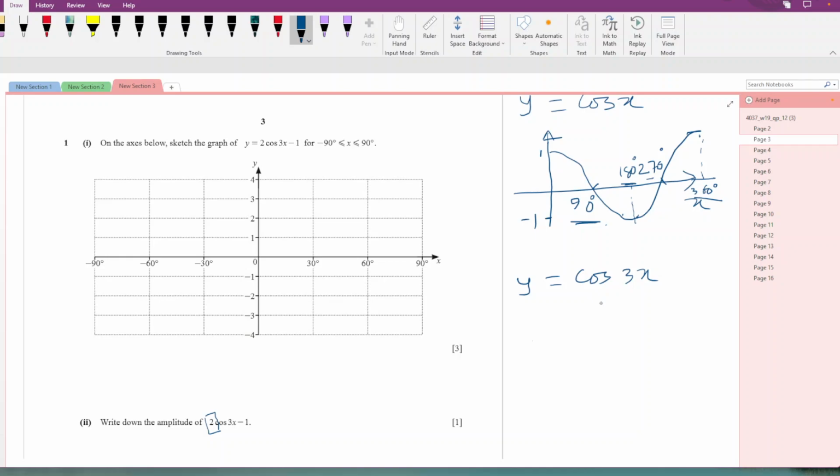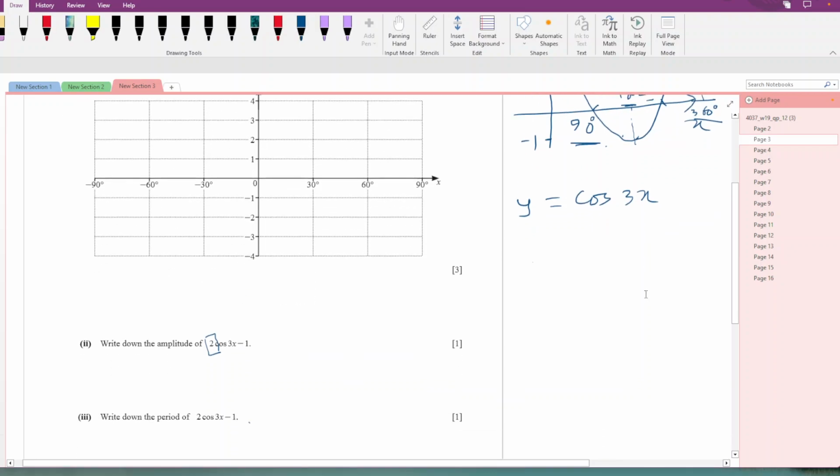If I consider y equals cos 3x, it appears like this.